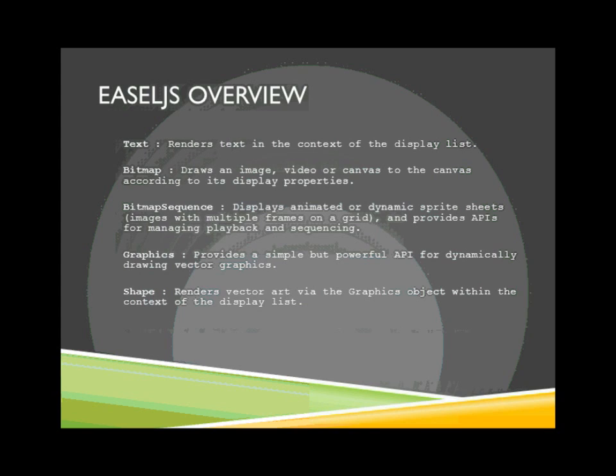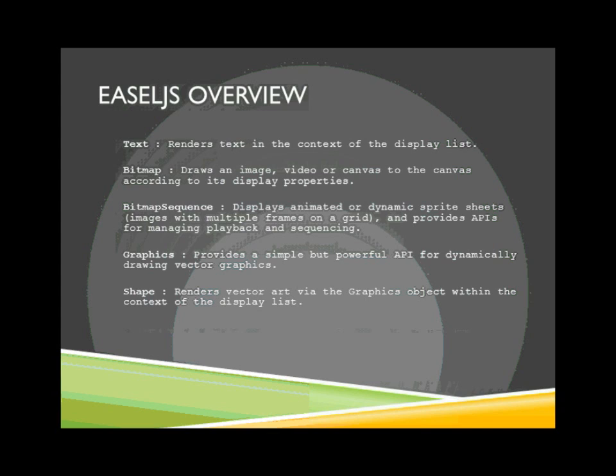All right. As I start to really look at Easeljs, it also gives me different things that I typically would have to create and use myself. Text, so rendered text in the context of the display list of the canvas. Bitmap, I can draw an image or a video to the canvas according to its display properties, or add a bitmap into a container of the stage and have multiple containers of bitmaps.